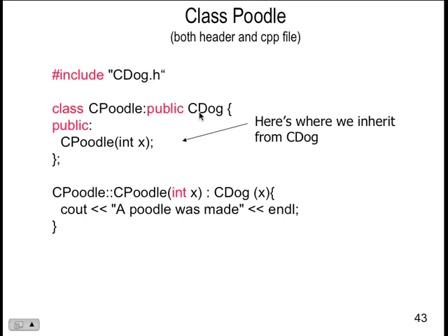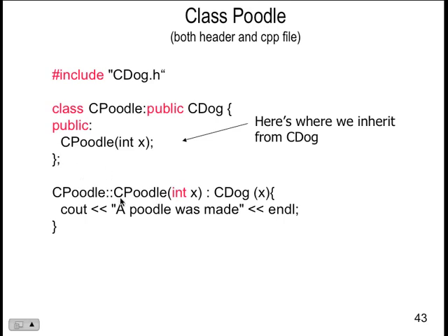Not as straightforward as Java. It's nice to say, class CPoodle extends CDog. That's the Java syntax for the same thing, a little bit more self-explanatory. But here, this is the new class we're creating, and we say colon public CDog, which gives us our inheritance, believe it or not.